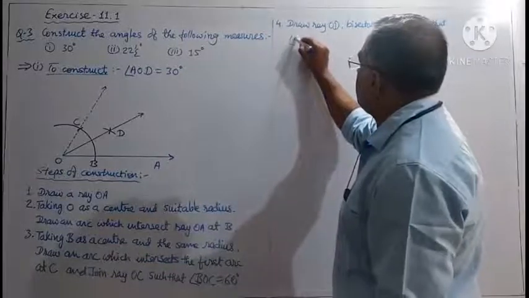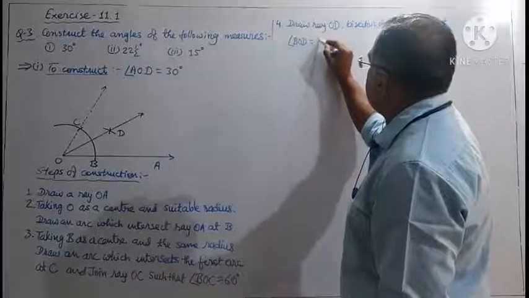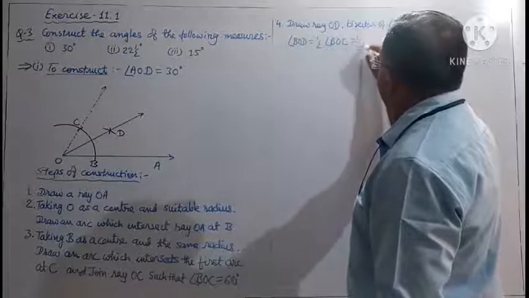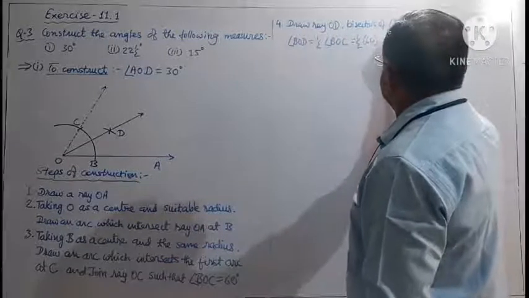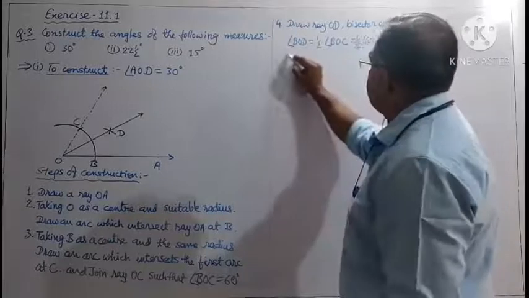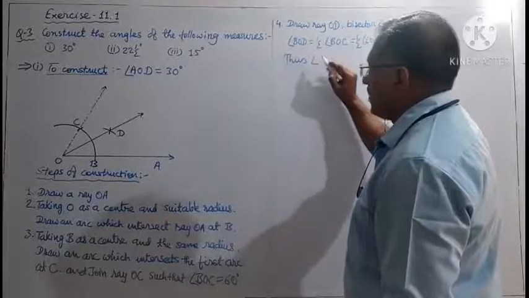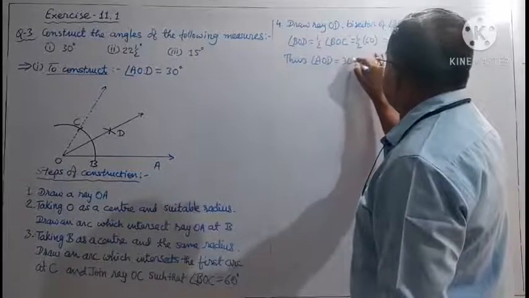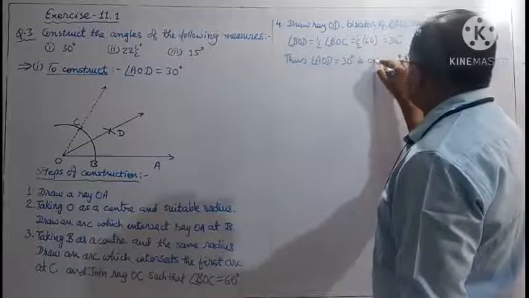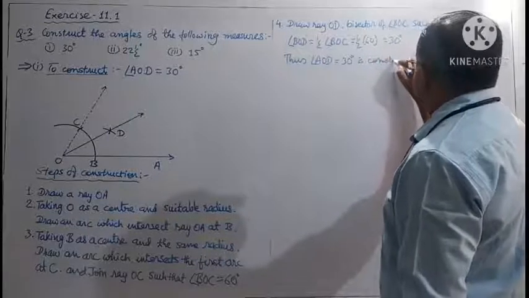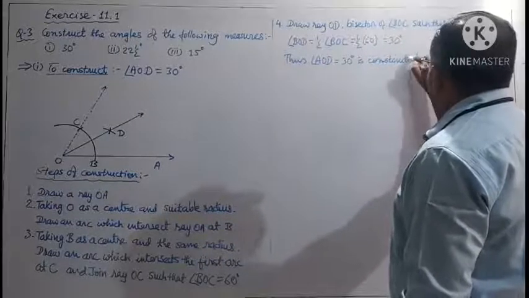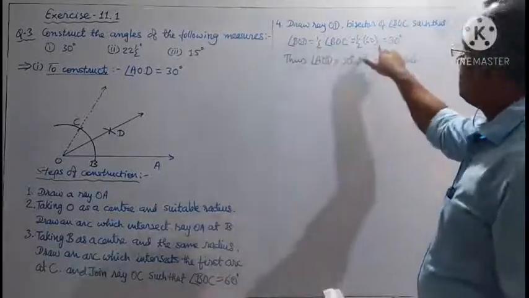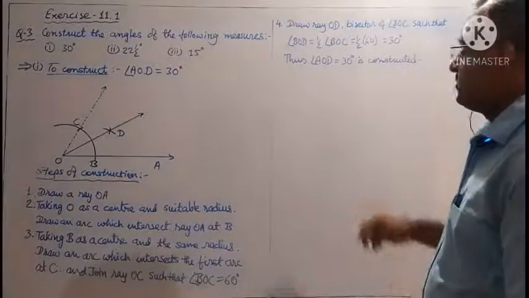Here angle BOD is equal to half of BOC, and that is half of 60, and that is 30 degree. Thus angle AOD is equal to 30 degree is constructed. Here we will not write justification separately, because already this justification here how it is 30 degree is given.